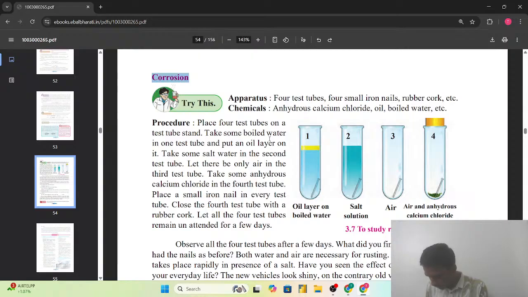So come back and join us as we are going to see about the most two important topics, corrosion and rancidity.